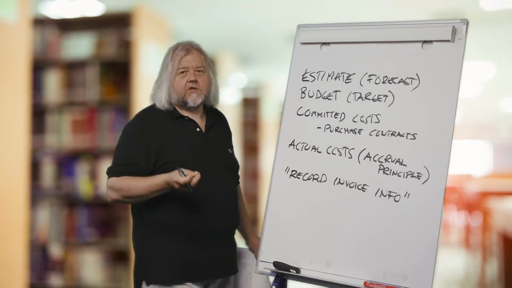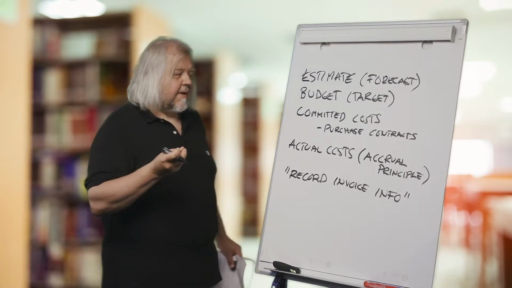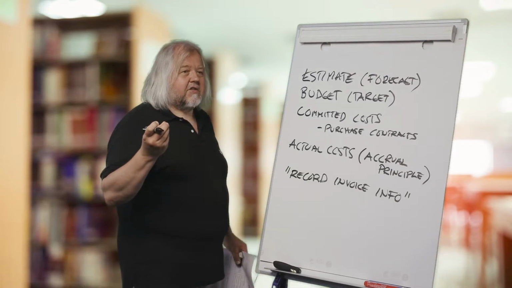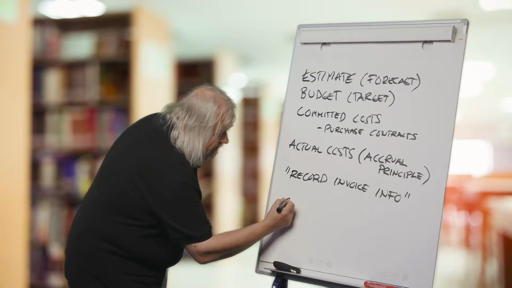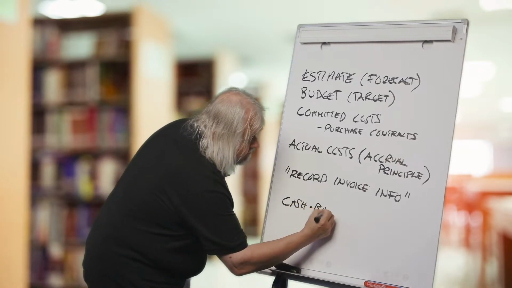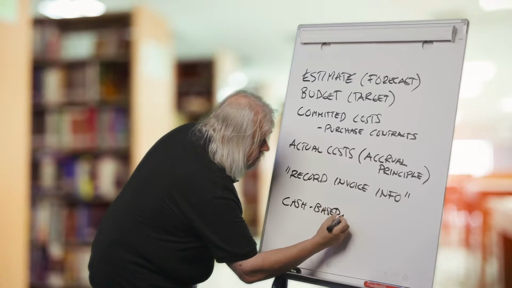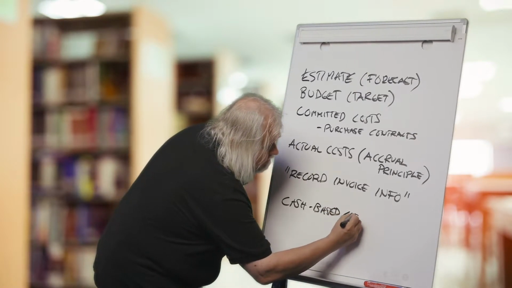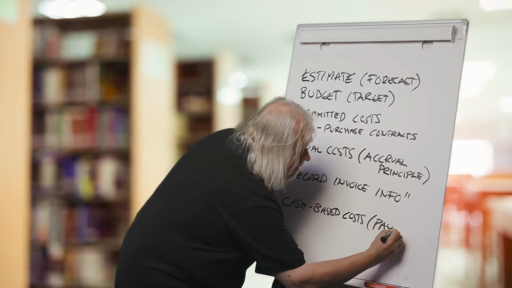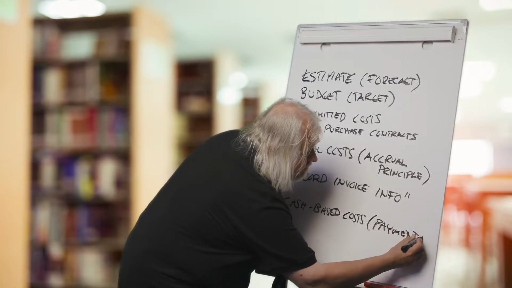We just get the invoice and we have some information for that, for example, when to pay and so on. But then when we pay, we have cash-based costs, which means that we have the actual payment.